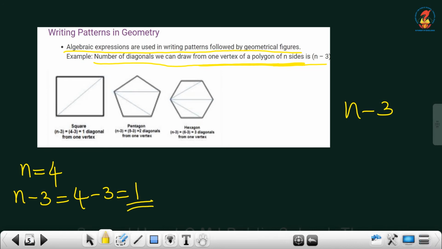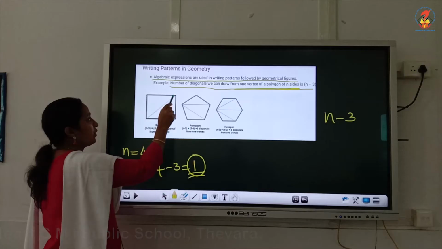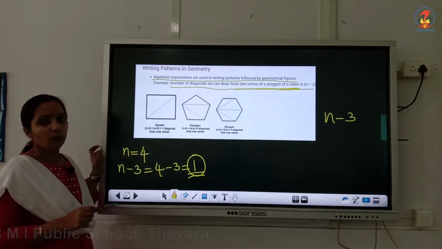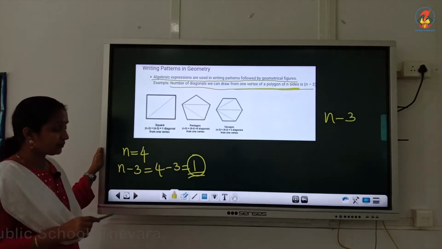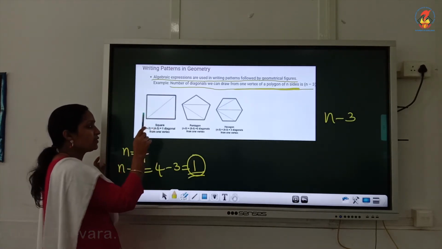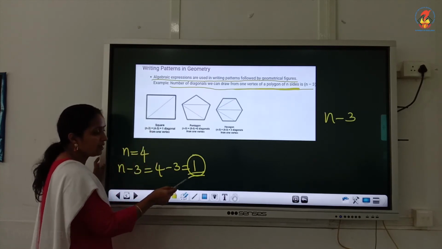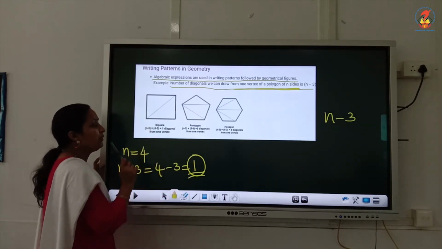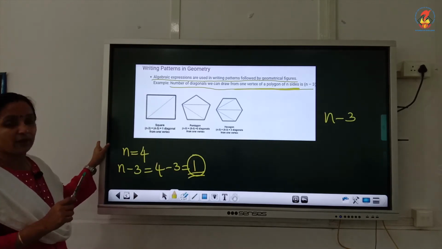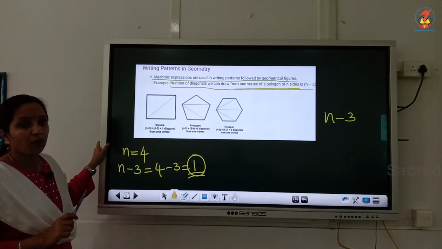So what is the meaning? Only one diagonal we can draw from one vertex of this particular polygon.